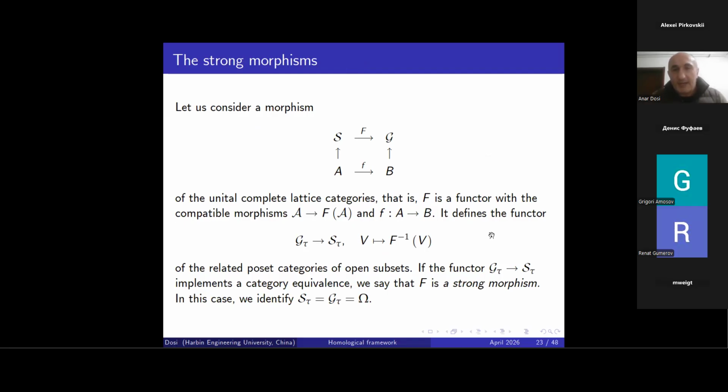But our target is to fix this, I mean, the category of open sets, because I wish to have a link to the category of presheaves. So that's why I need strong morphisms here. A strong morphism is one that implements the category equivalence of the open sets. Roughly speaking, the open set categories are the same, omega. So the open sets on some topological space, we don't care about the topological space.